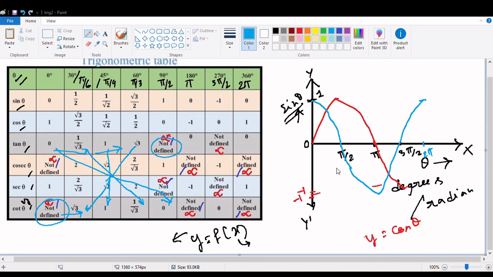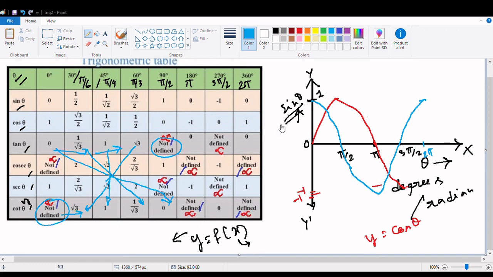From here, if you see, we have some impactful observations. This is pi by 4. At pi by 4, the values of sine theta and cos theta, tan theta and cot theta, sec theta and cosec theta intersect each other.